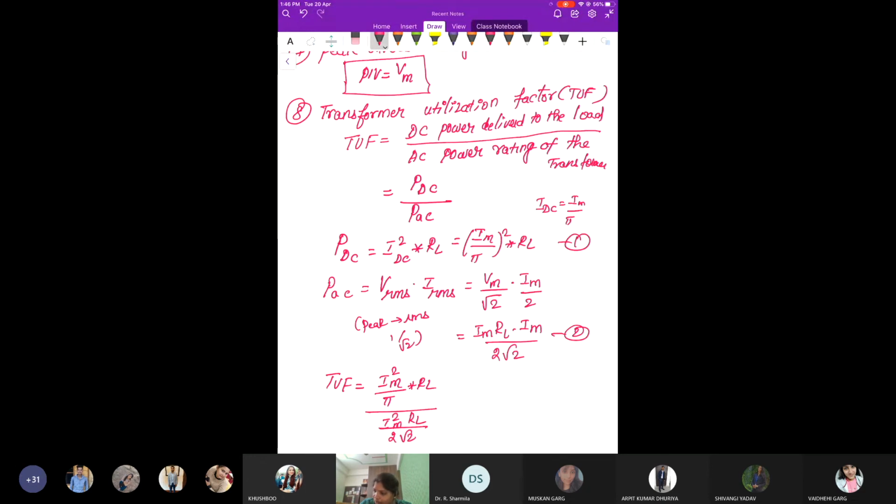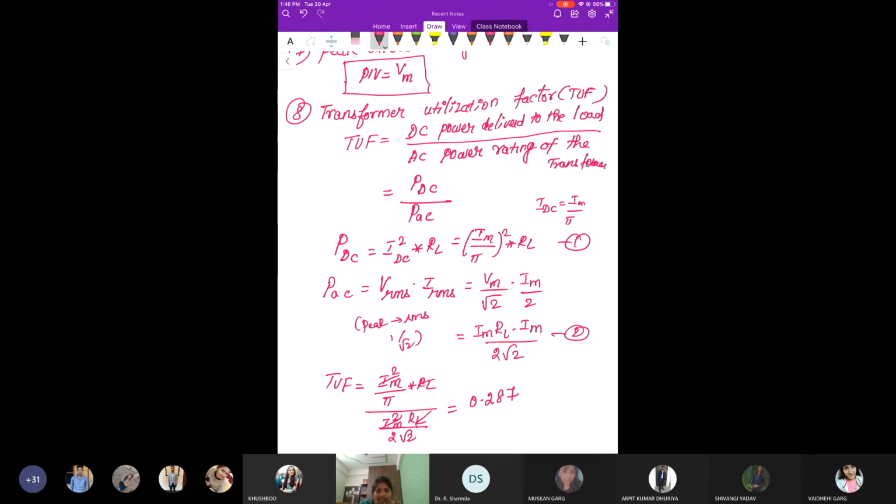I square m RL will cancel, and I will get 0.825. Here, the power delivered to the load is calculated with respect to the AC power rating of the transformer. In the transformer input we are giving an AC, so how much output DC are we getting with respect to the AC. These are the parameters.